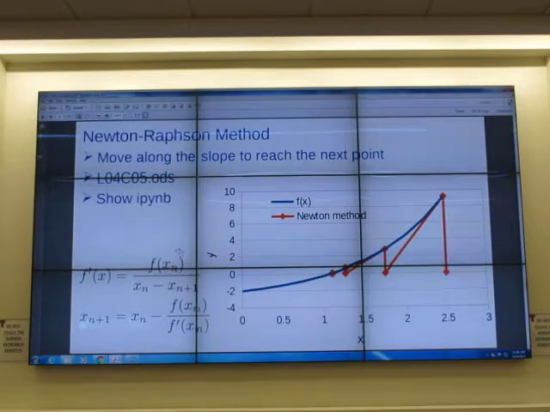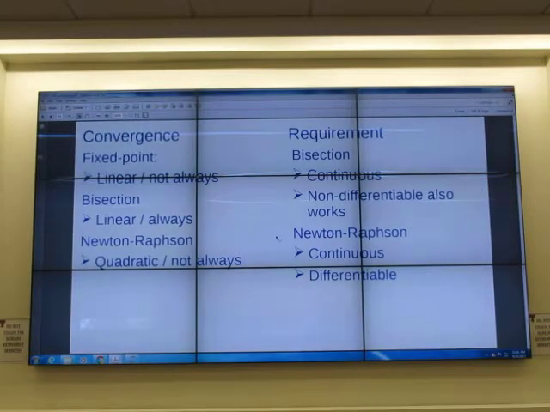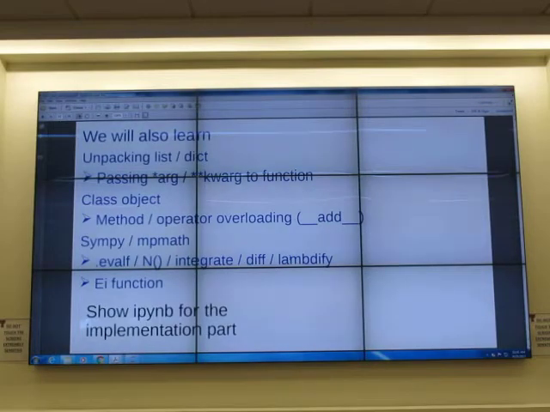If you have any abrupt bending like that, it means it's not differentiable. For a case where something like this happens, bisection may have a hard time converging. But if the line just goes up and down, bisection works, while Newton-Raphson doesn't work. So for Newton-Raphson, it has to be smooth, both continuous and differentiable.